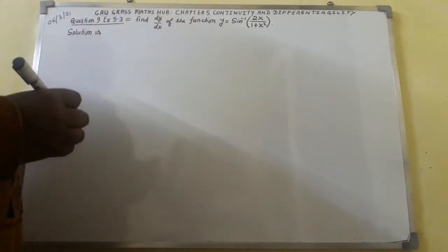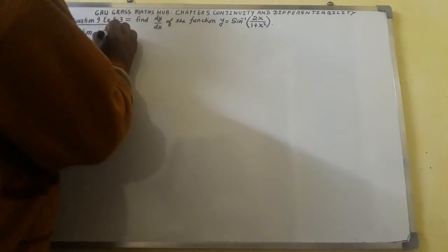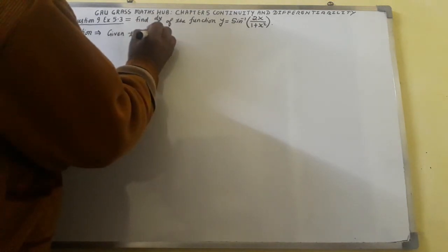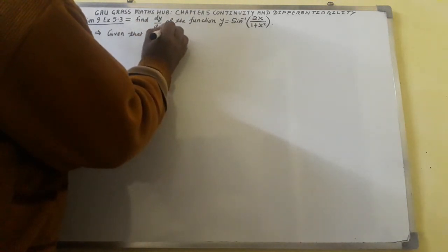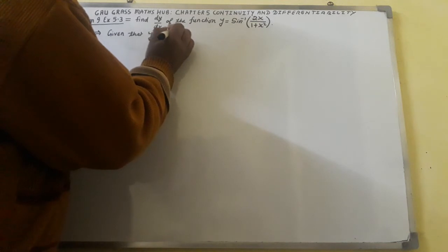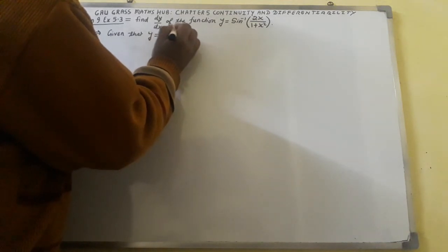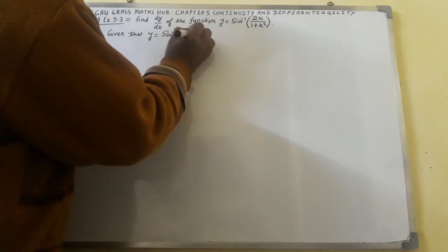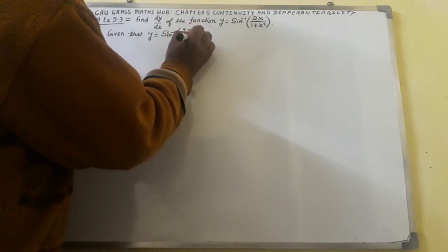Solution implies that, given that y equal to sine inverse in bracket 2x over 1 plus x square.